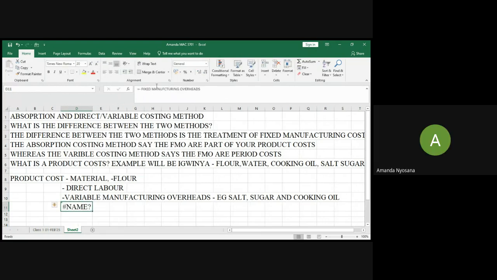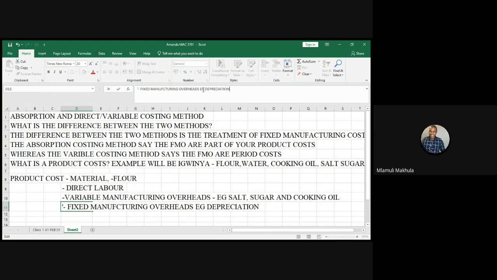These fixed manufacturing overheads can include something like depreciation. You see, even when we are using a stove or a pot, depreciation, remember from accounting, will always be 20% for the whole year. Are you with me?